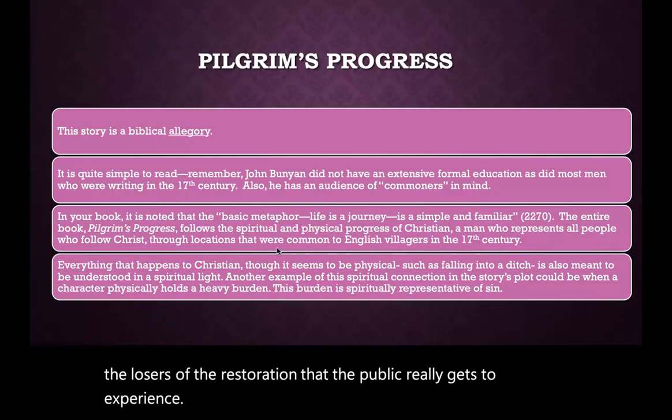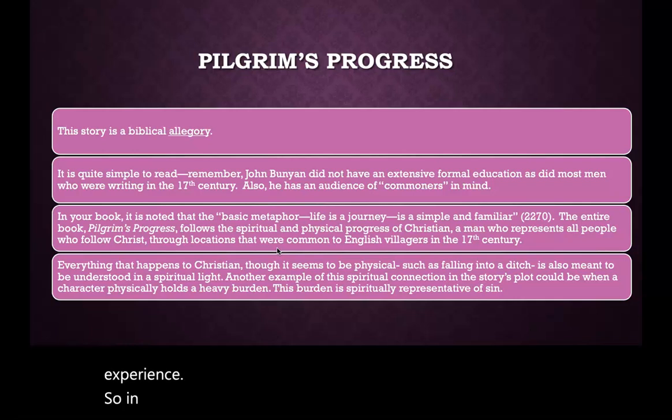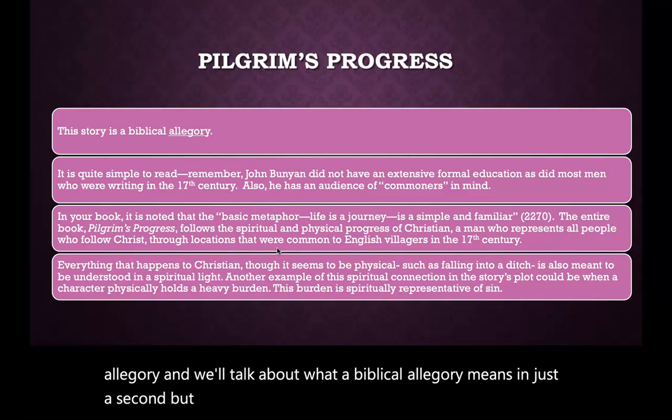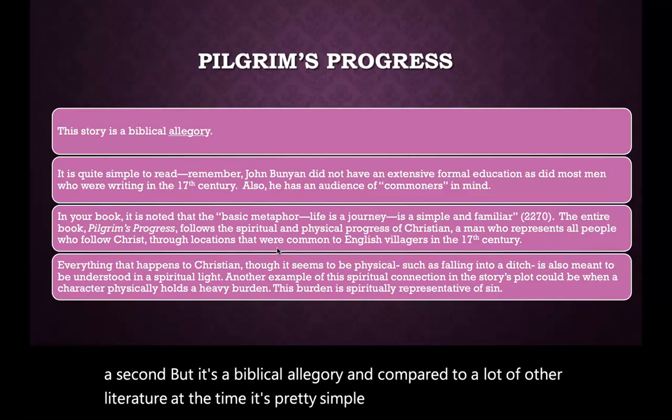In Pilgrim's Progress, this story is a biblical allegory, and we'll talk about what a biblical allegory means in just a second. But compared to a lot of other literature at the time, it's pretty simple to read.